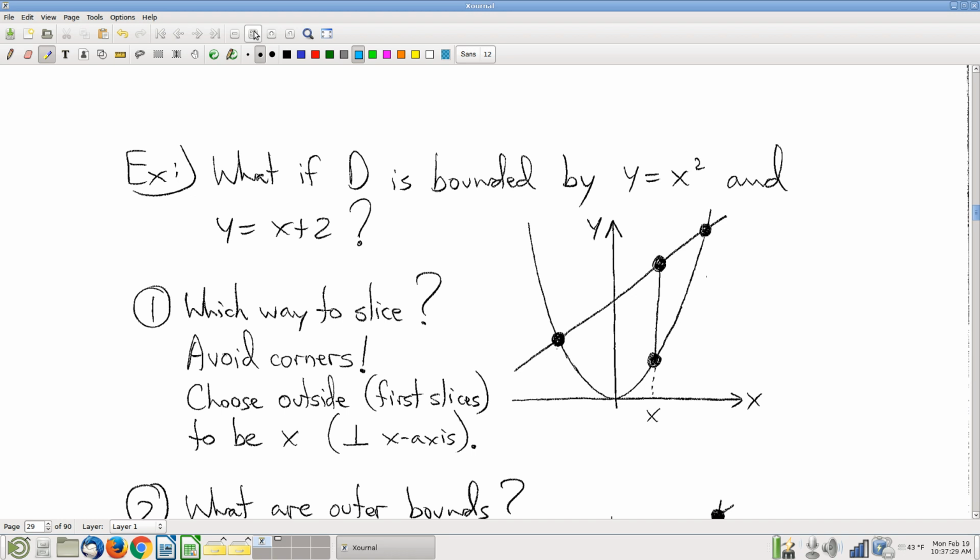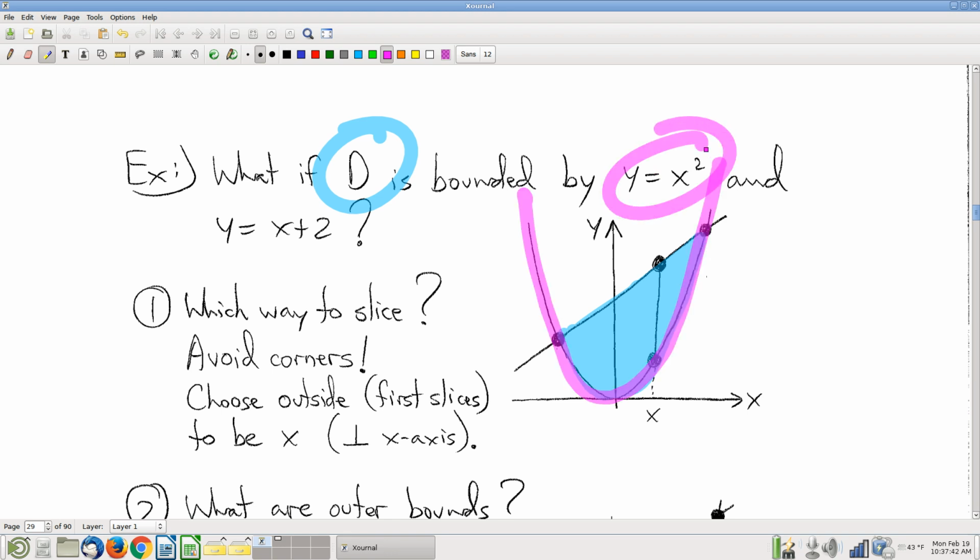Alrighty, so we've got a domain here. That domain is bounded by two curves, y equals x squared, and y equals x plus 2.